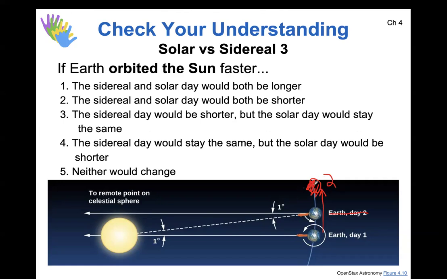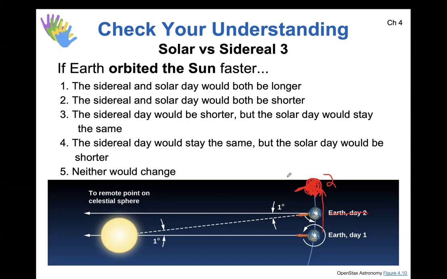Well, in order for a solar day to be finished, you have to have a point on Earth, in this case represented by the person standing on Earth, pointing back towards the sun. So when the Earth was orbiting around the sun slower, that extra rotation for the observer to be facing the sun after one day was 1 degree.